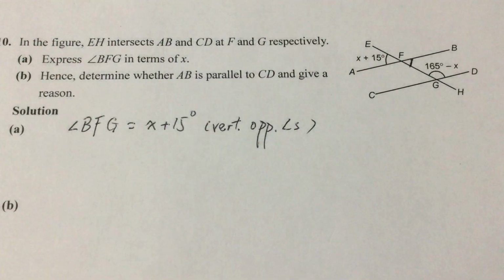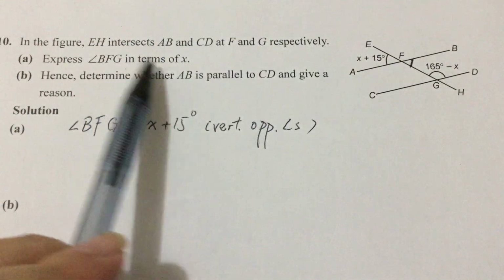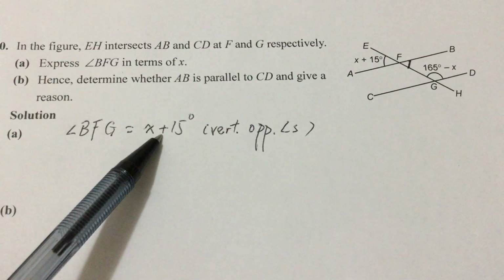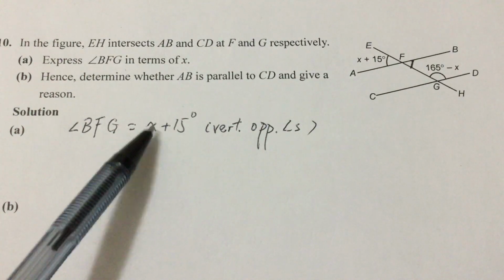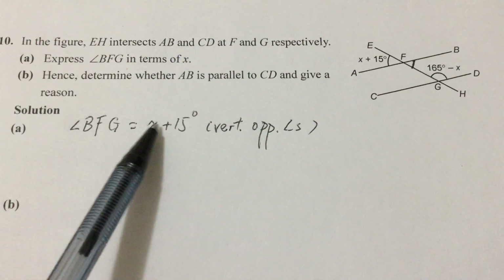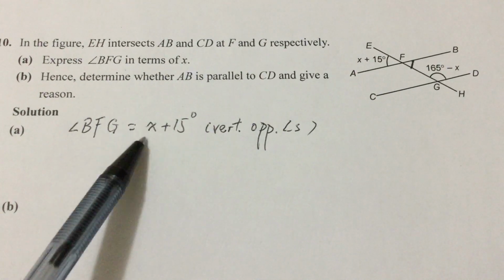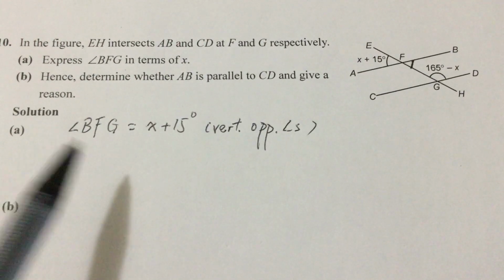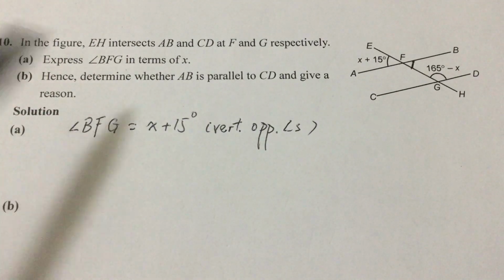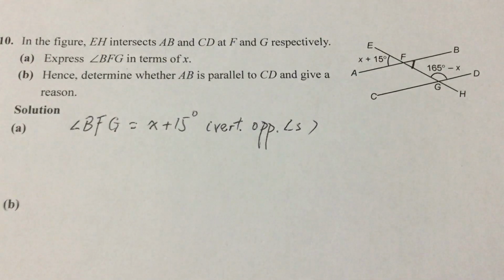And we finish part A. Because we are going to write something with the unknown x, we have x plus 15. We don't write something with y or z, we only write something with x. Sometimes writing down 15 is also correct, if it's possible. But this one is x plus 15, so we write x plus 15.